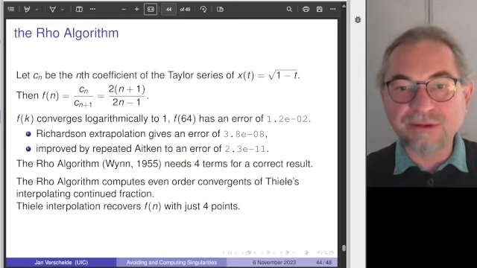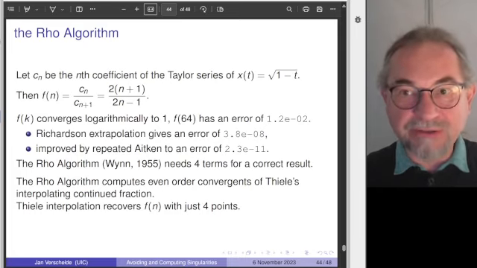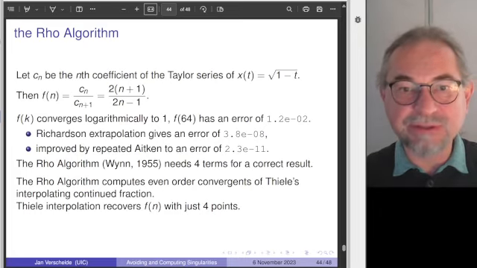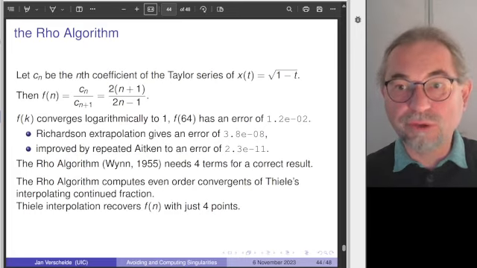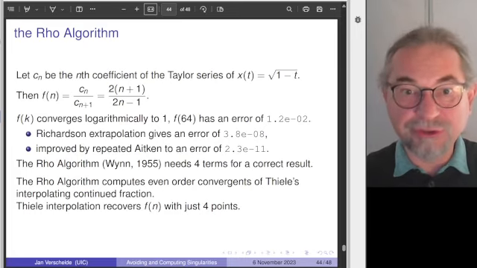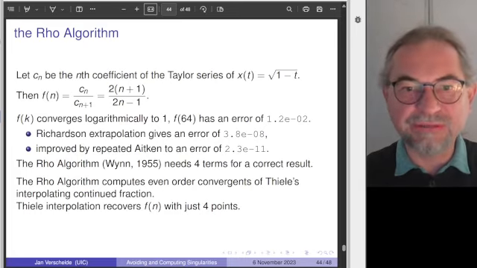And the row algorithm needs only 4 terms. So we have applied Richardson extrapolation. That gives about 8 decimal places with 64 terms. If you do repeated Aitken extrapolation, you get a little bit better, 11. But the row algorithm only needs 4 terms.